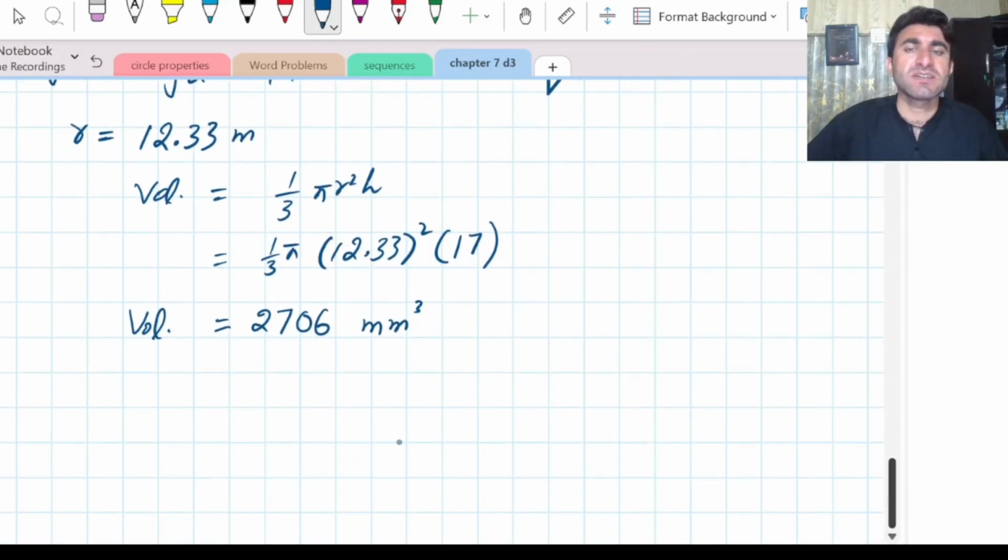Then it was the total surface area of the cone. We know the total surface area of the cone equals pi r square plus pi r l.